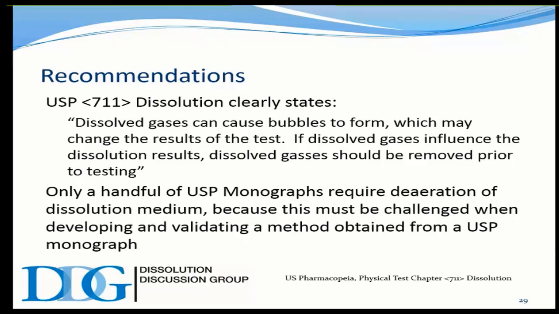Monographs and all of the databases just show you the apparatus, typically 1 or 2. It'll show you the media, the volume, the time points that are pulled, and also, for instance, the acceptance criteria for that, and of course the speed of the apparatus running. So there's about 6 things, and it just lists them as run conditions.